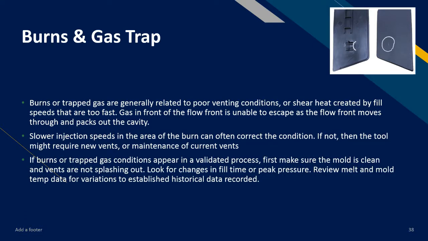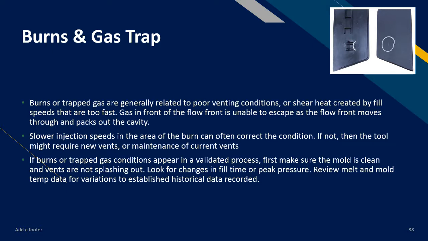If burns or trapped gas conditions appear in a validated process, first make sure the mold is clean and vents are not splashing out. Also look for changes in fill time or peak pressure. You can also review the melt and mold temperature data for variations to establish historical data recorded. Another consideration might be clamp force.